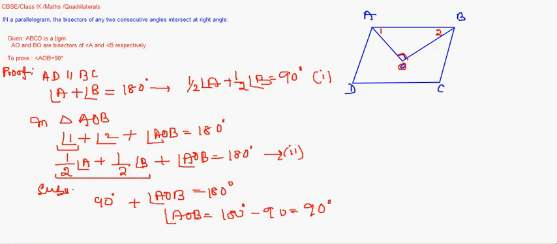Let's move on with another proof. I write down the proof to be taken. The angle bisectors of a parallelogram form a rectangle.